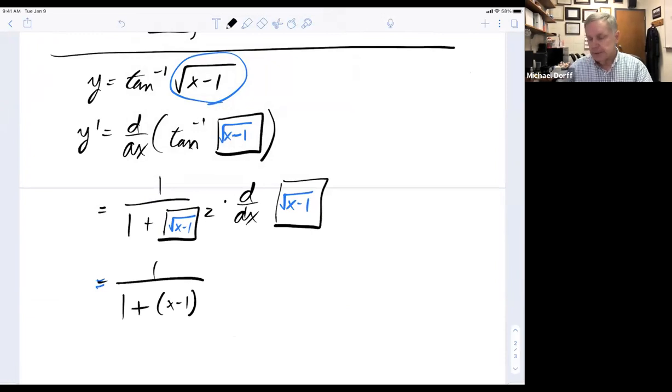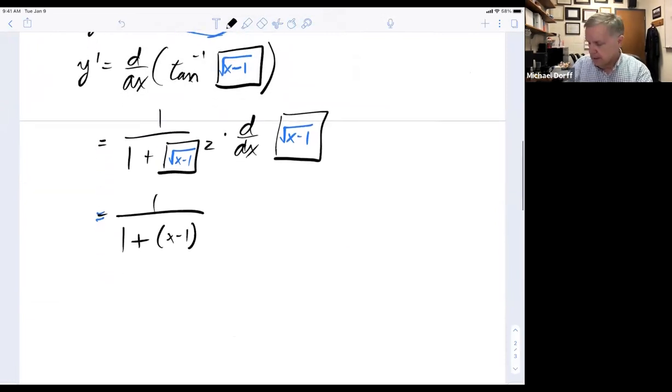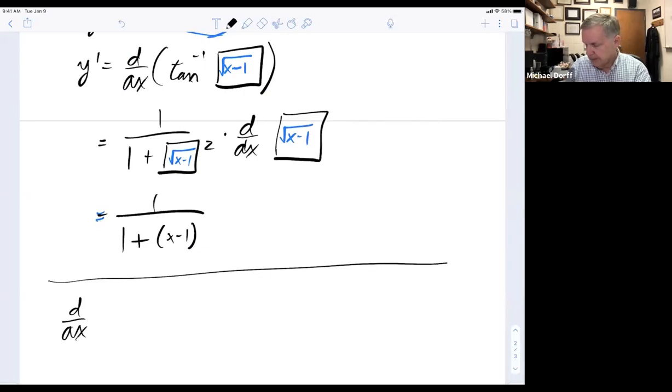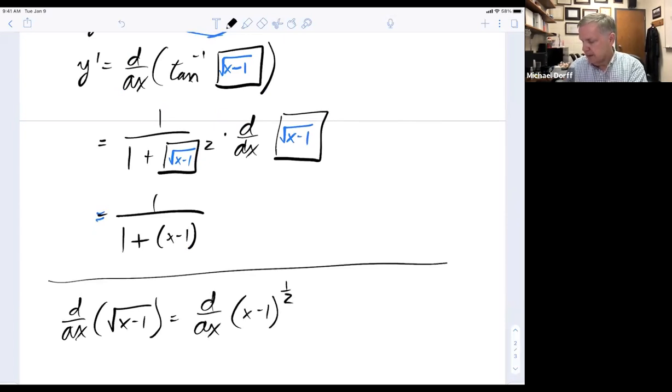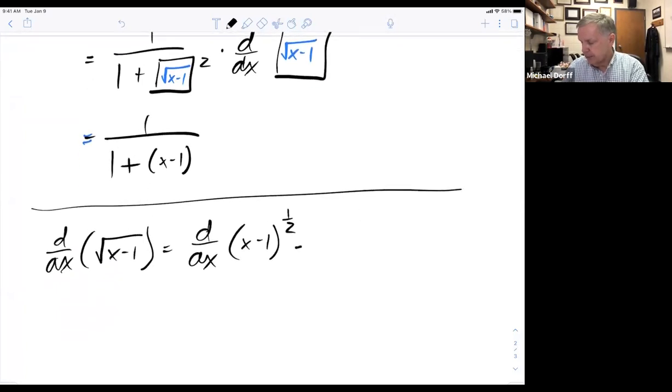And now I have to take the derivative of the square root of x minus 1. I can think of this as the derivative of x minus 1 to the 1/2 power. Using the power rule, I bring the exponent down out front and reduce the exponent by 1, so 1/2 minus 1 gives me minus 1/2.